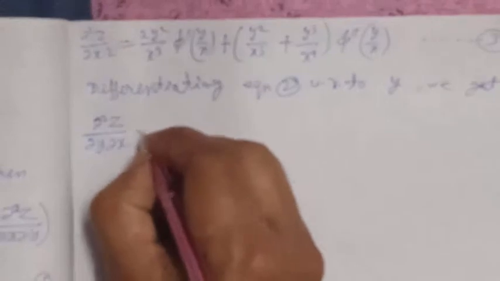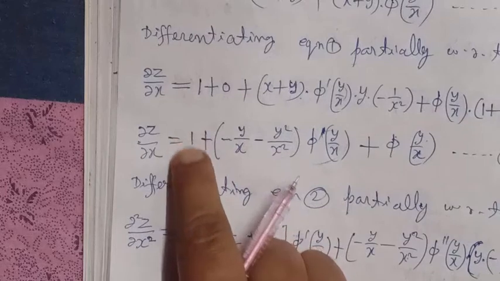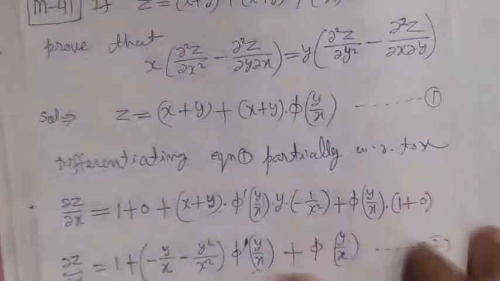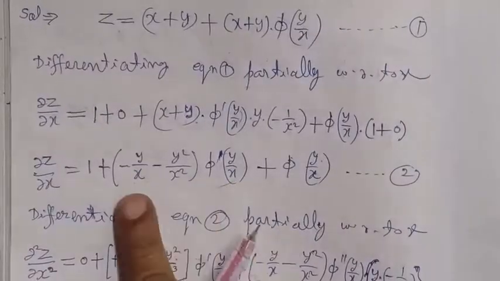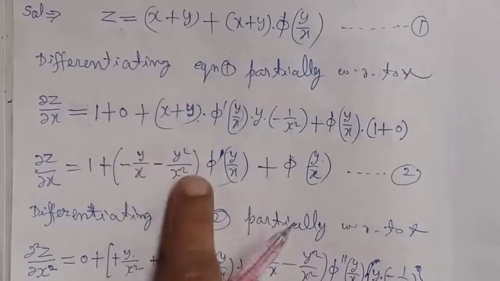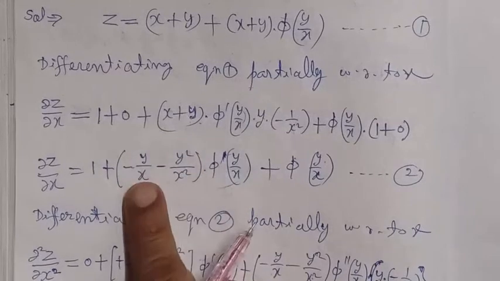On the right hand side, differentiation of 1 is 0, so I write 0 here, and after it here we are saying that there are two terms, two functions, we consider it two functions, so apply the product rule here.